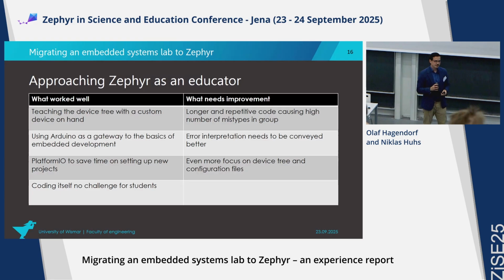And yeah, in the future we will definitely have more time for the device tree, for Zephyr itself. Probably also have a higher number of labs to better convey all the core concepts, to get them to work more on their own with that.